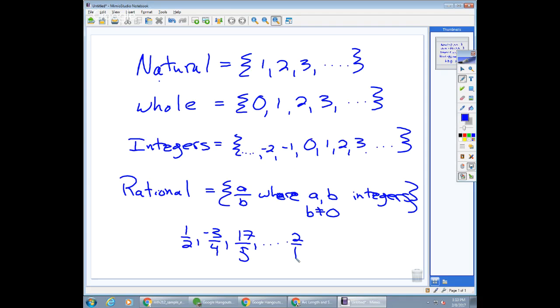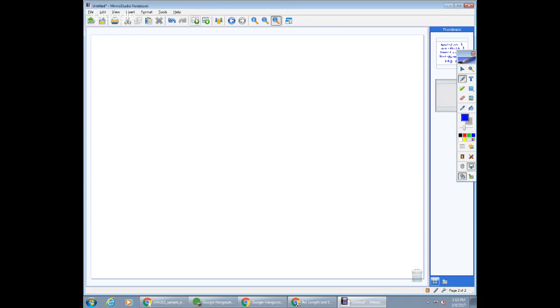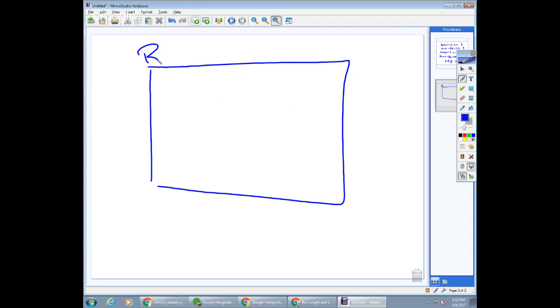So would you agree then that every integer is a rational number? Because I can always write it the integer over 1. So every integer is a rational number. So thinking about a Venn diagram, rational numbers at the moment is the biggest set we have.